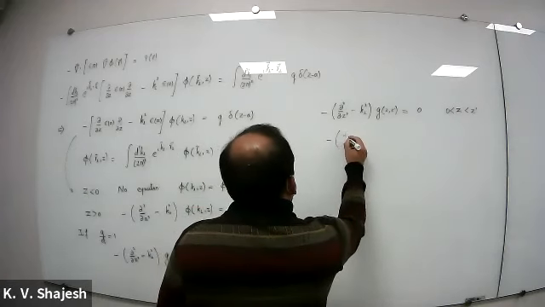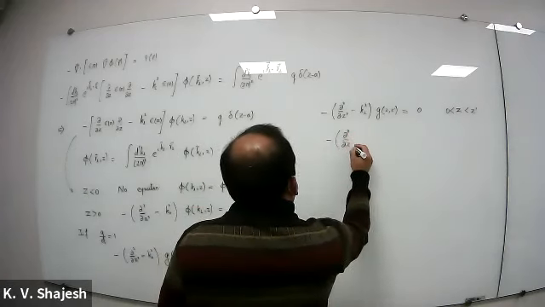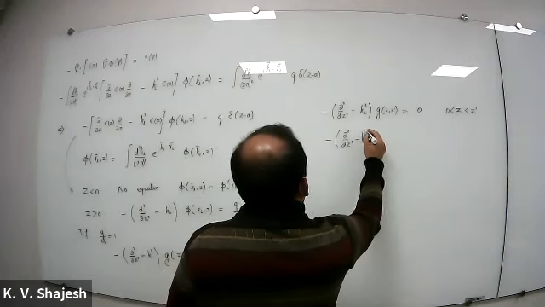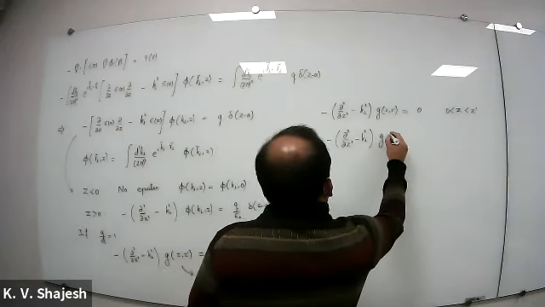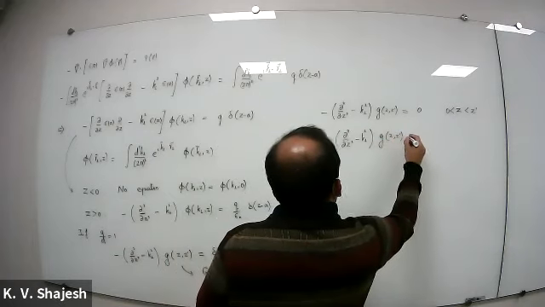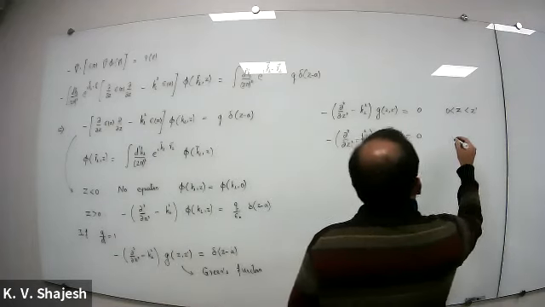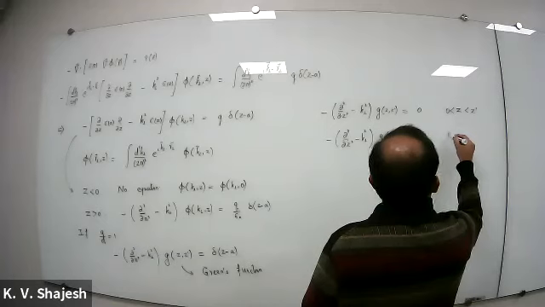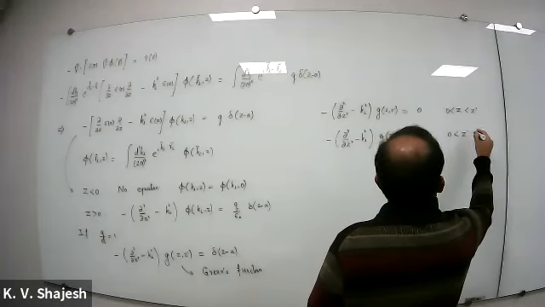That is another piece. Minus k perp squared G of z comma z prime is again 0 if I'm in the second region.